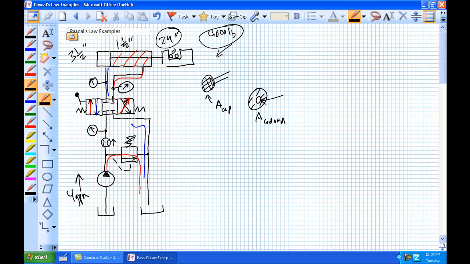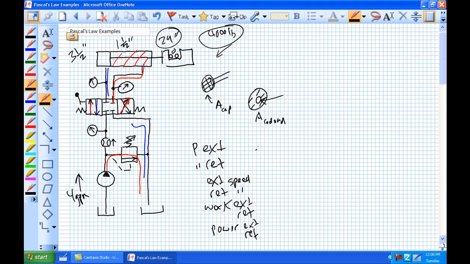Okay, so now we want to figure out the pressure at extension, pressure at retraction. We want to find the extension speed, retraction speed, the work on extension, work on retraction, power, extension, retraction.